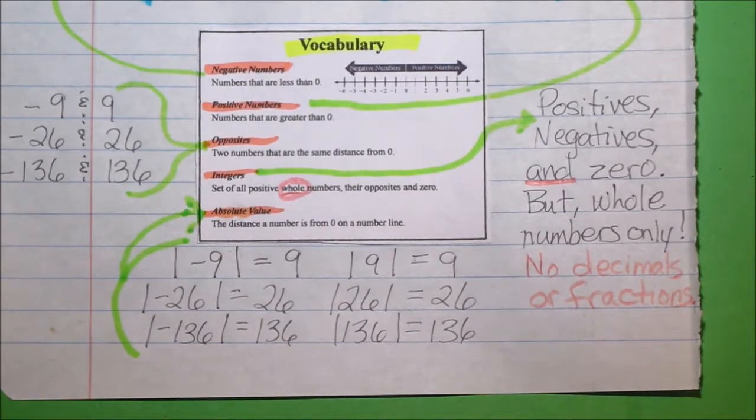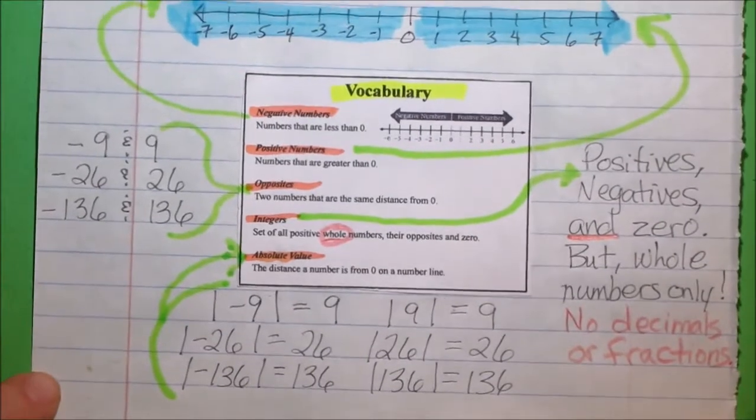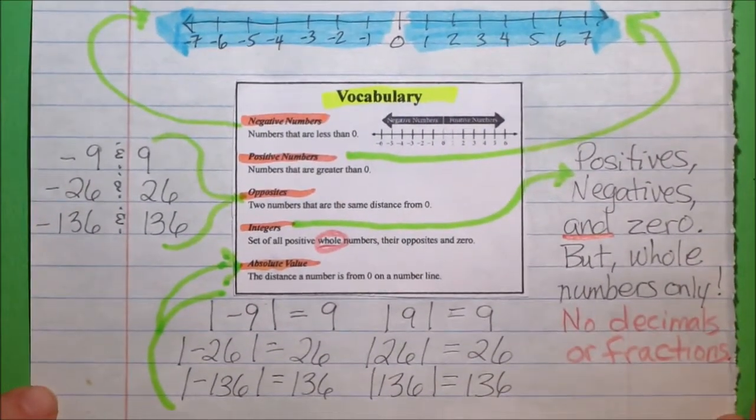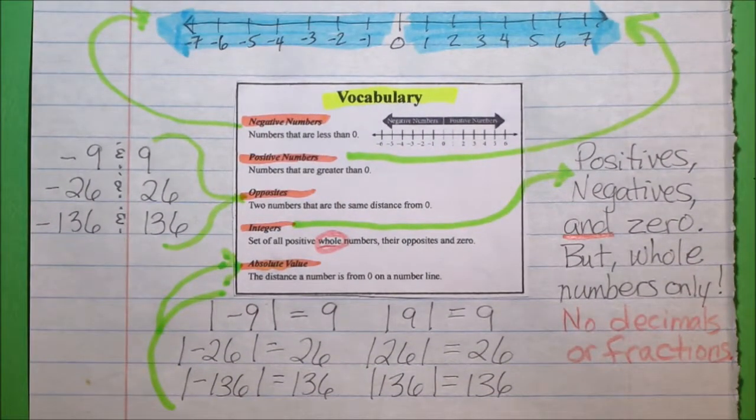Okay, so some new terminology there. Let's see if I can get it all in one frame. There we go. Some new terminology there. And we'll be using this terminology throughout the rest of our lesson. So let's move on to the next page here. And this is page 85.